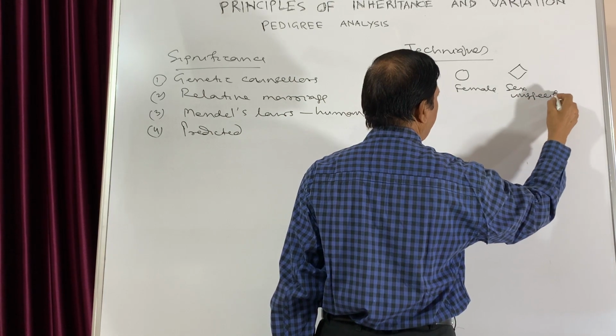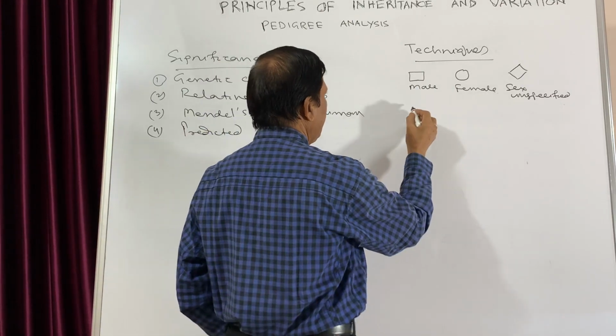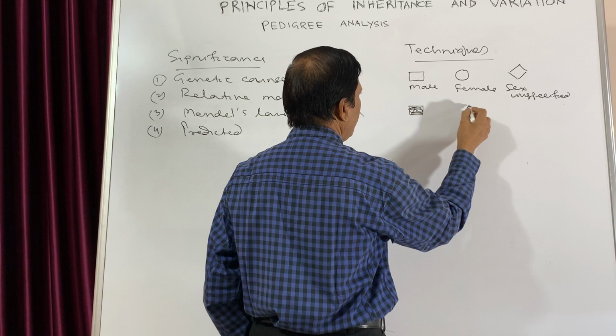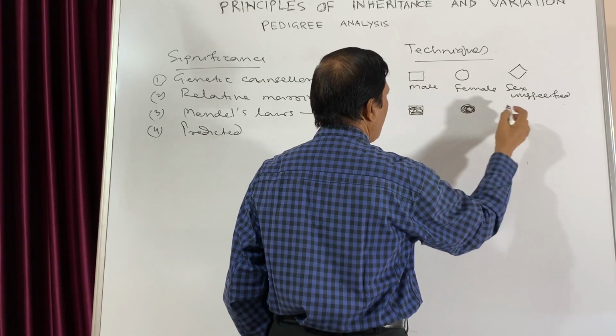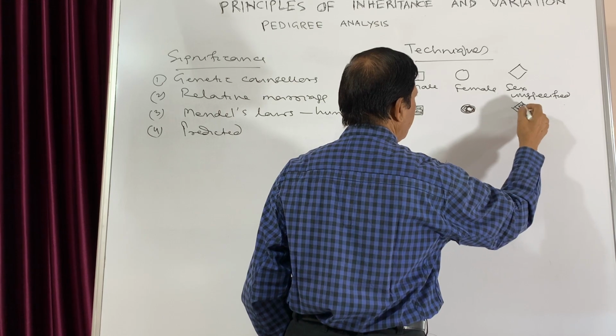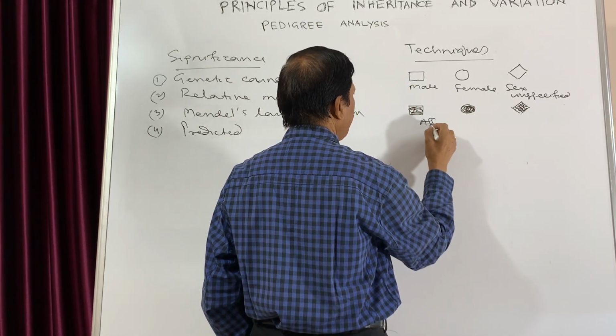That means male or female not specified. Now these three, if they are blackened, then they are all affected by disease. That means affected.